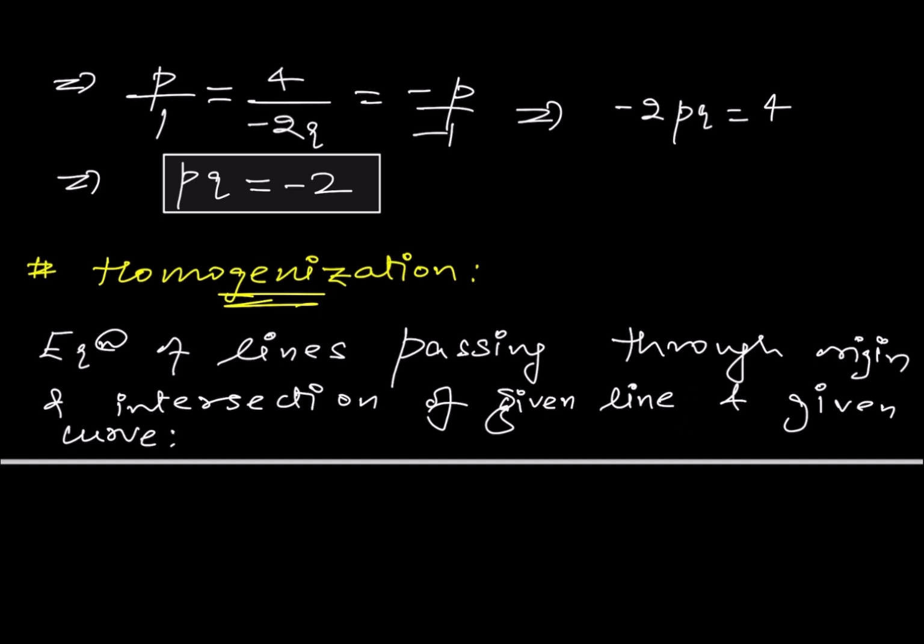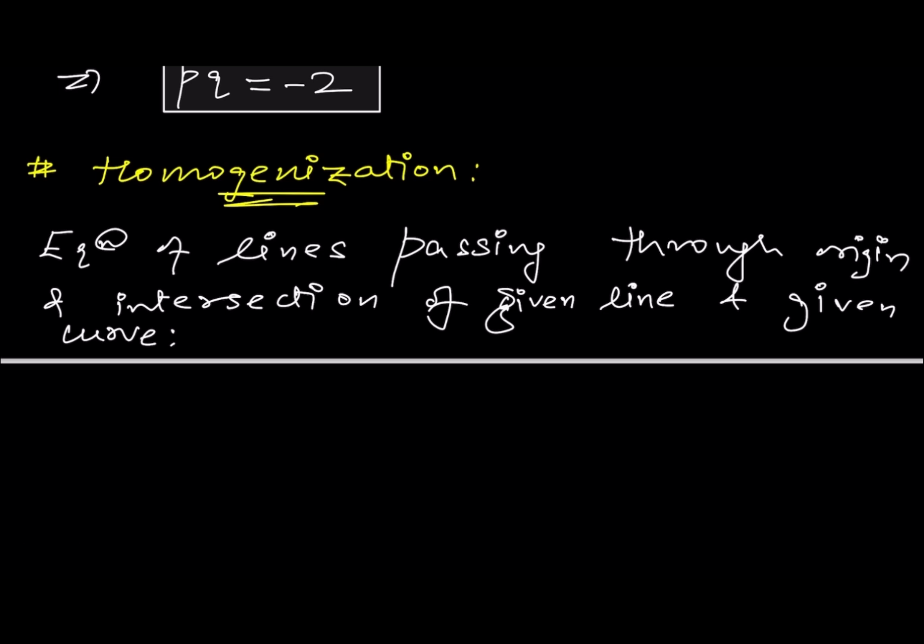So see students, if we have an equation of 2 degree, and in that equation every term is of degree 2, it means simply it is a pair of straight lines passing through origin, okay, which we have already seen, right?